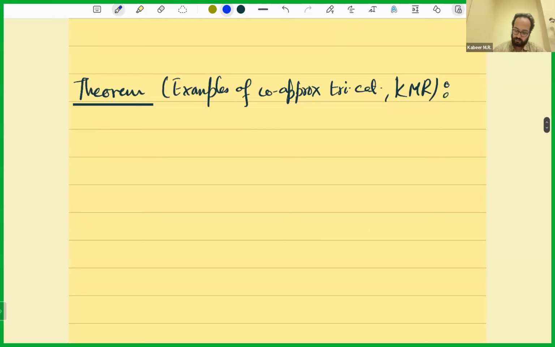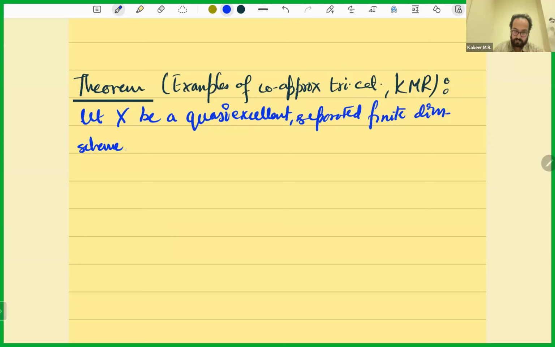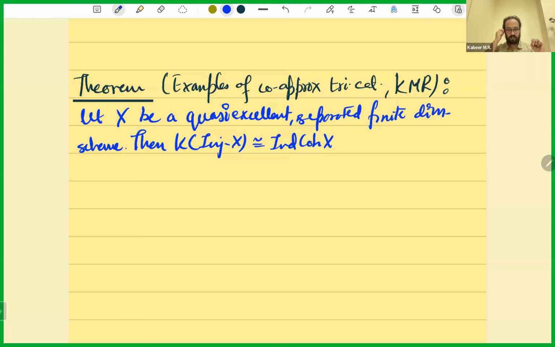So for examples of co-approximable triangulated categories, it's not quite as large a class, but let X be a quasi-excellent separated finite dimensional scheme, then the homotopy category of injectives, which some other people might recognize better as the ind-coherent sheaves, is co-approximable.